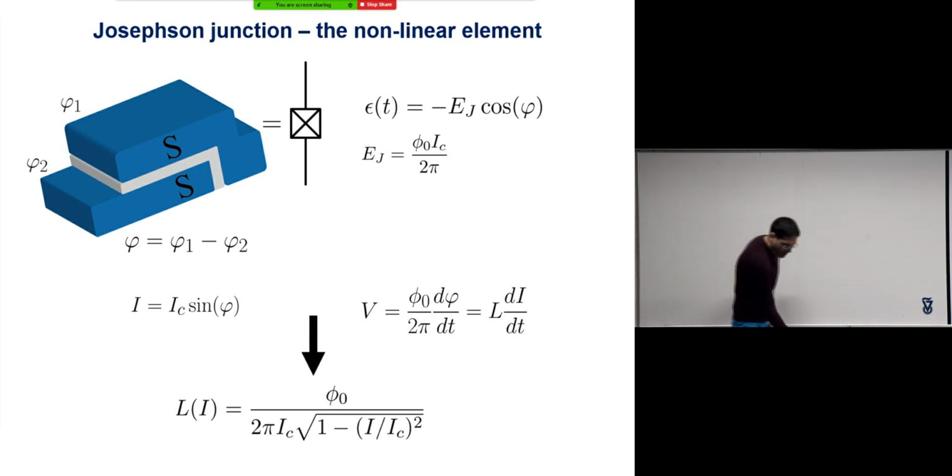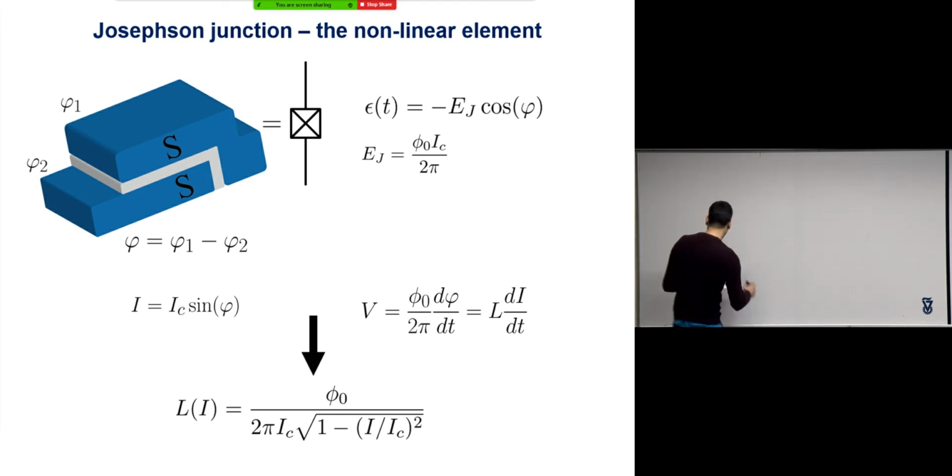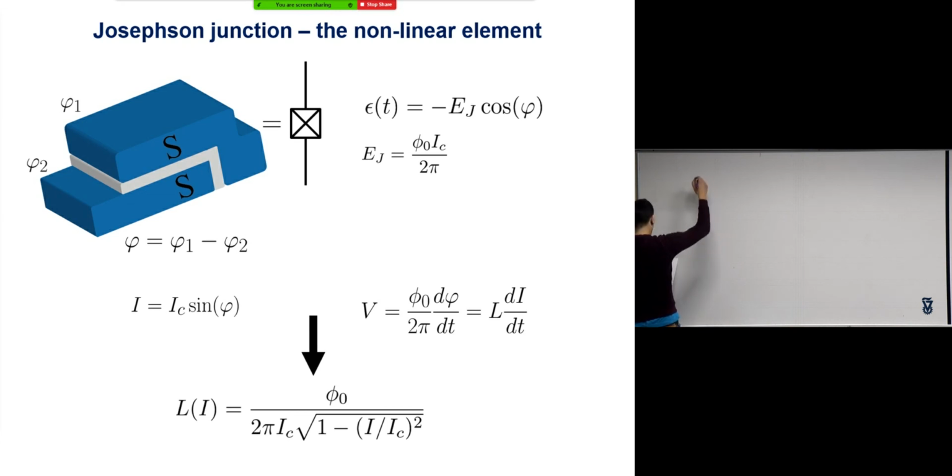But the idea here, maybe I'll go to those notes that I have. Okay. So the idea with the Josephson junction is like this. First, I'm just going to remind you of regular tunneling.